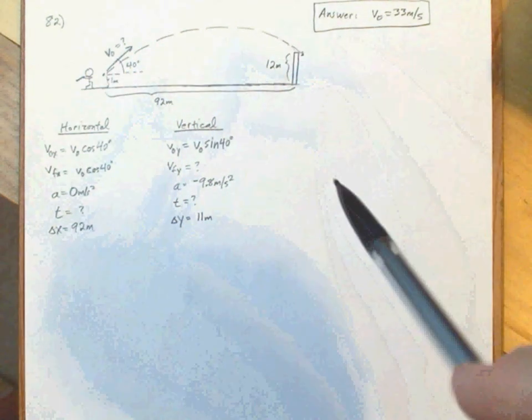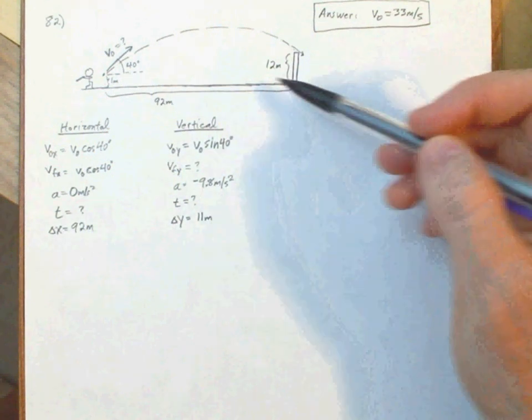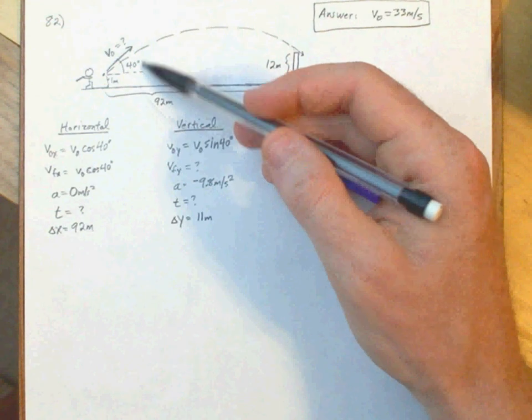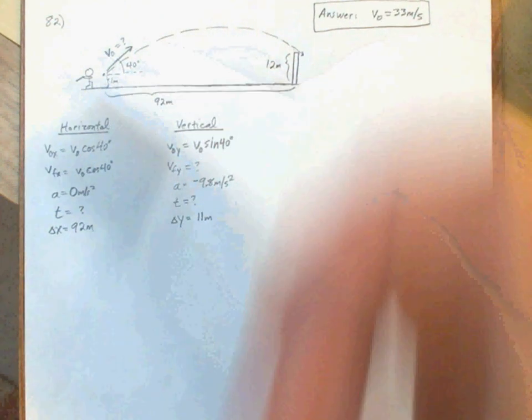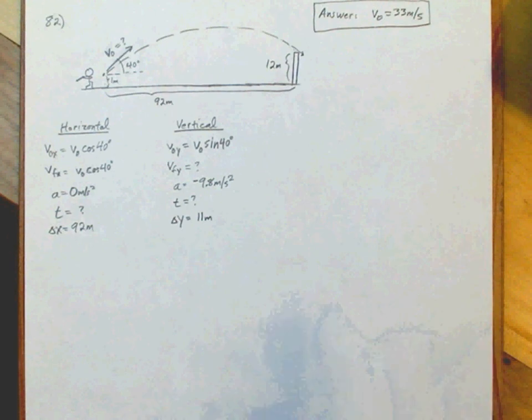What you need is the time that corresponds with 92 meters horizontally, not with whatever distance horizontally that would be. So when it's 12 meters above here, it's not going to be anywhere near 92 meters away from the bat. So that's how you're going to have to look at your answers as you get them and say, oh, that would make sense. Oh, that one does not for this particular situation.